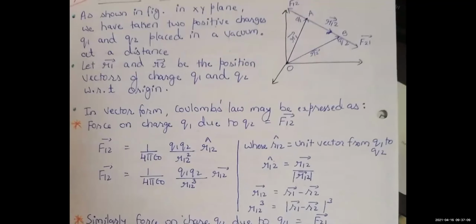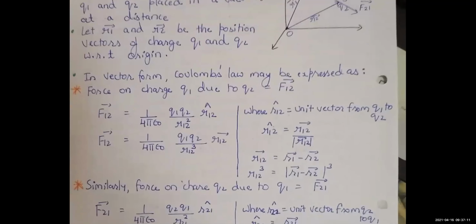So it will be represented by F12 with a vector sign. F12 is the force on charge Q1 by charge Q2. We know the Coulomb's law formula equals 1 upon 4 pi epsilon naught Q1 Q2 upon R square.